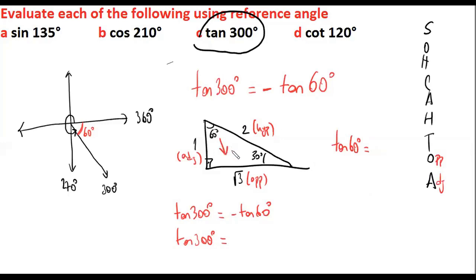So that's going to be opposite root 3 over adjacent 1, which is root 3. Tangent of 60 is root 3. But here, tangent of 300 is negative tangent of 60. Tangent of 60 is root 3, so tangent of 300 is negative root 3. And that's the answer. This is going to be our answer.